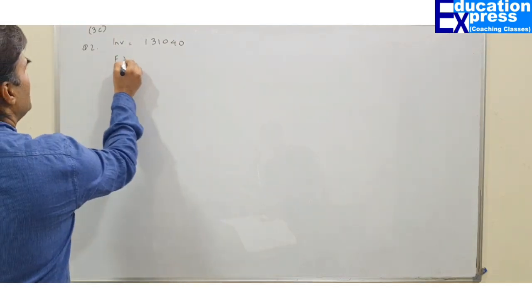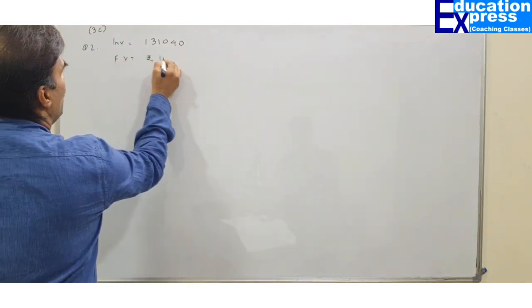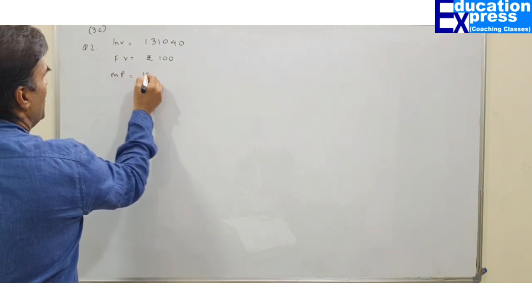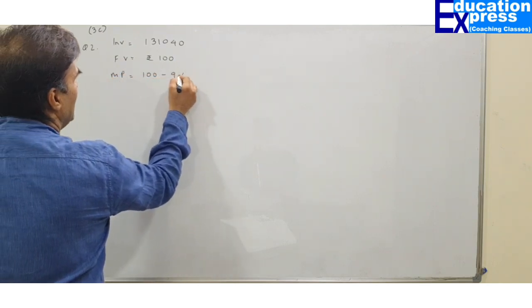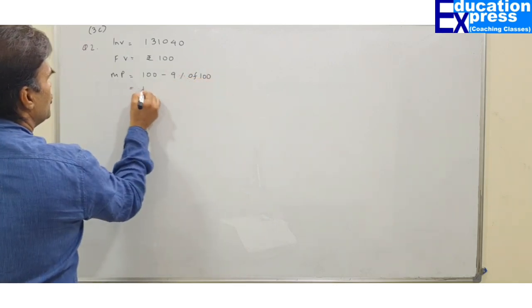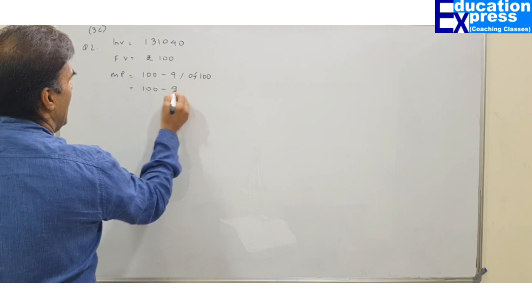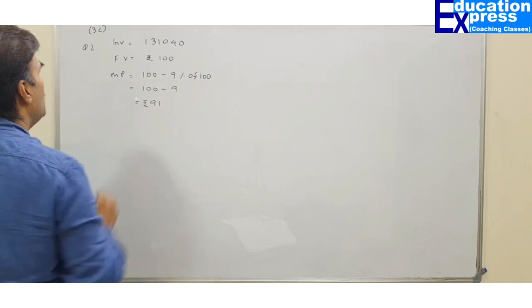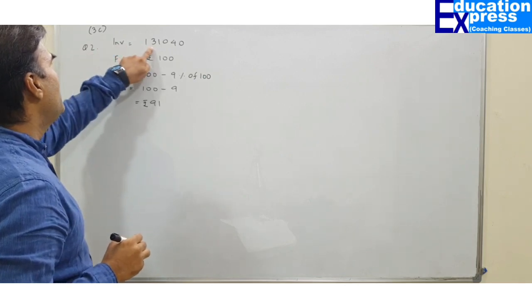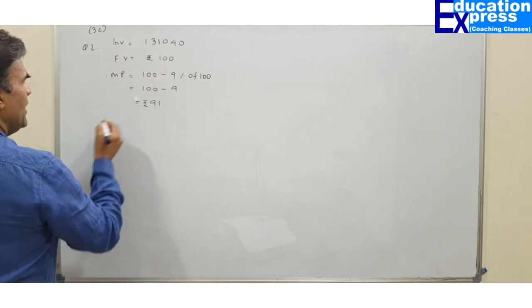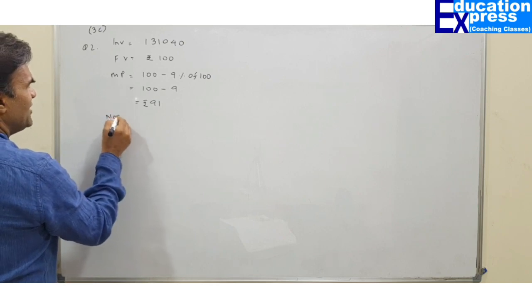So, face value rupees 100. What about the market price? Sir, it will be 100 minus 9% of 100. So 100 minus 9, that's going to be 91 rupees. So investment, face value and market price are available. Can you find the number of shares? Yes, sir.